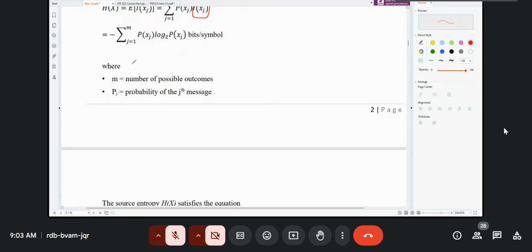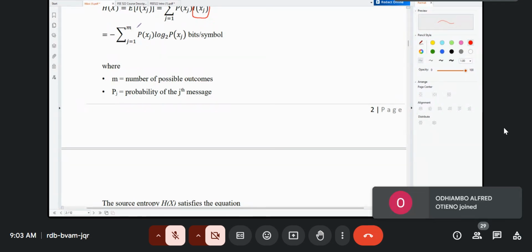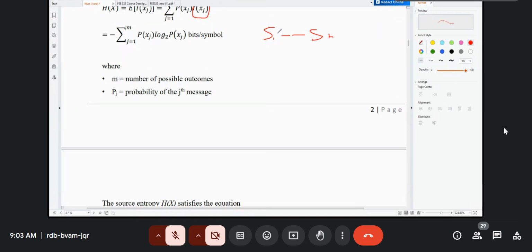But what we mean by m is a number, a size. We call it the size of the alphabet. So you have S1, S2 to Sn, and m is the size of the alphabet. So that is the definition of entropy, and pj is the probability of the jth message.